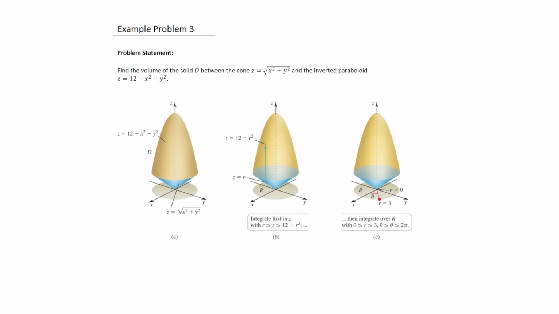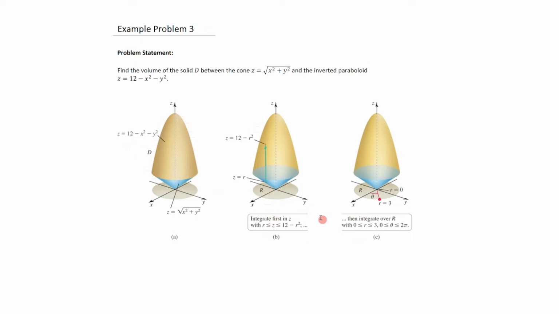So let's look at the picture. Here's a picture involving just a description in Cartesian coordinates. So the cone would be just z equals the square root of x squared plus y squared, which you see here. And the paraboloid would be this, 12 minus x squared minus y squared, what you see here. So you integrate with respect to z first, which means you're going between the lower surface and the upper surface.